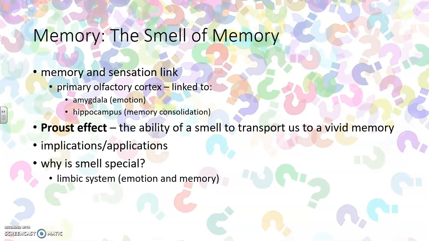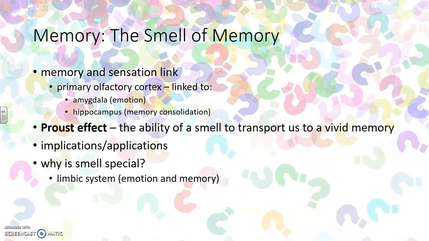One of the cool things with memory is that we have smell and memory linked. Sometimes you might go over a friend's house and maybe their family's making a new dish, or even just the smell of their house, and you're like, wow, that smells like my grandma's house.